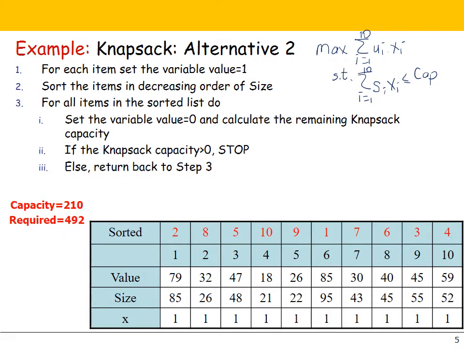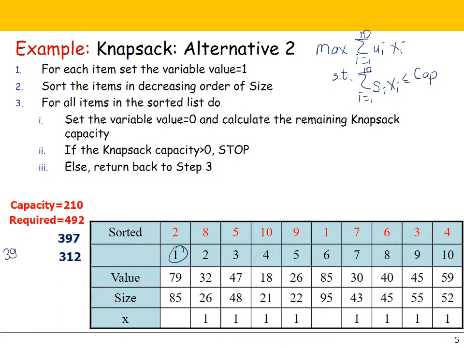So what did we do? We made item 6 equal to 0 and the required capacity reduced to 397. We will continue with the next in the order, which is item 1. This time we will set this variable value equal to 0. And when we do it, the required capacity reduces to 397 minus 85.